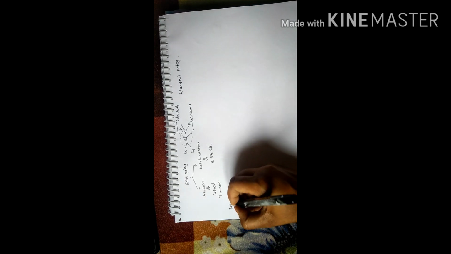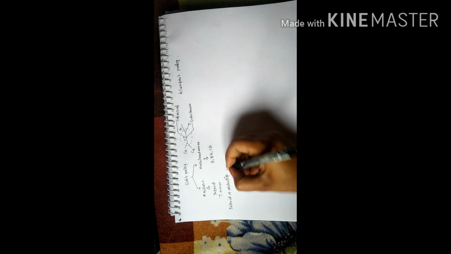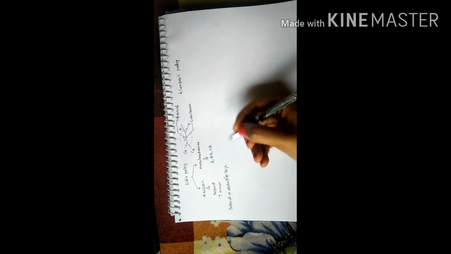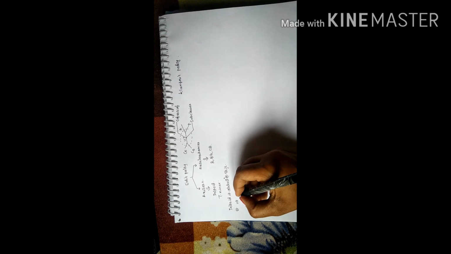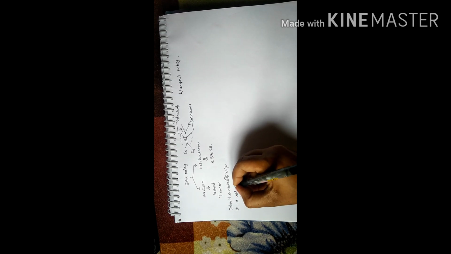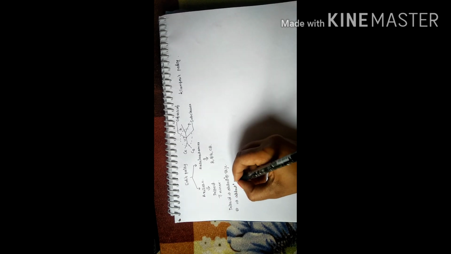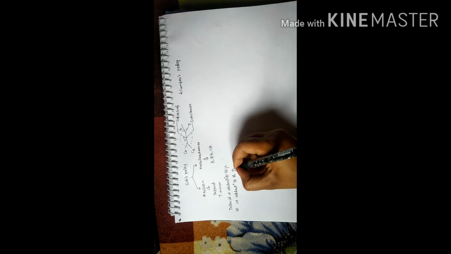Deltoid's main function is abduction at the shoulder joint. Lesion of the axillary nerve results in deltoid weakness, so the arm will be in adduction at the shoulder joint.